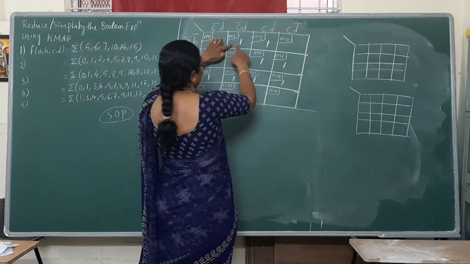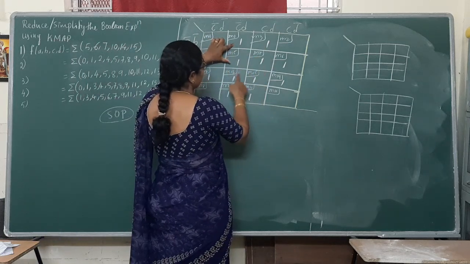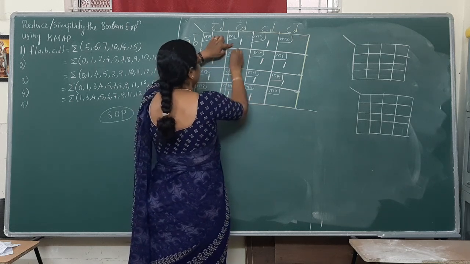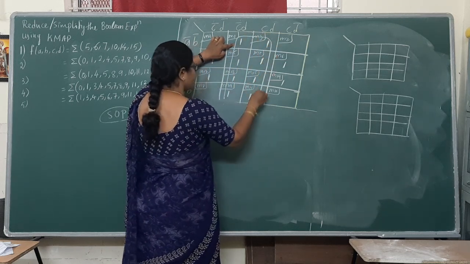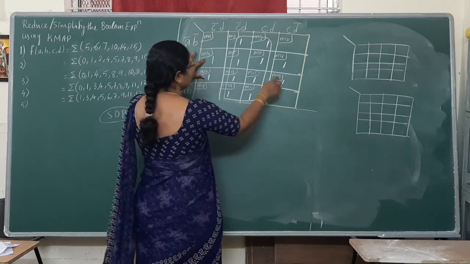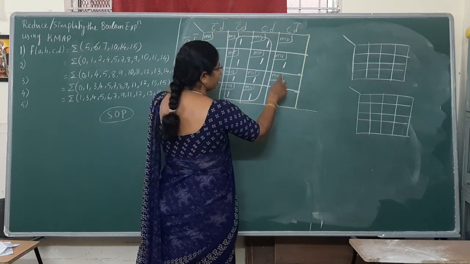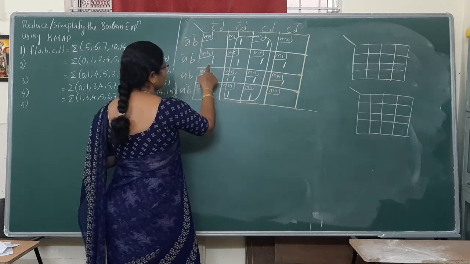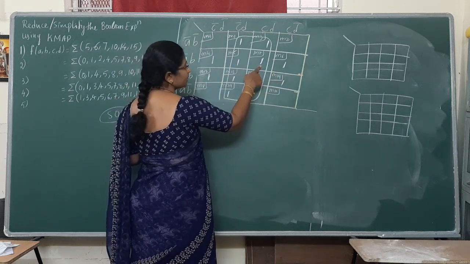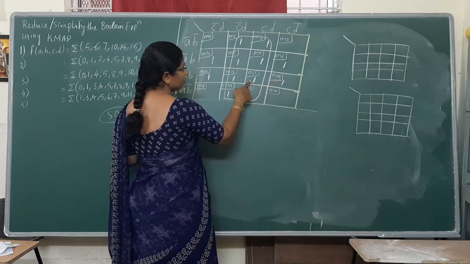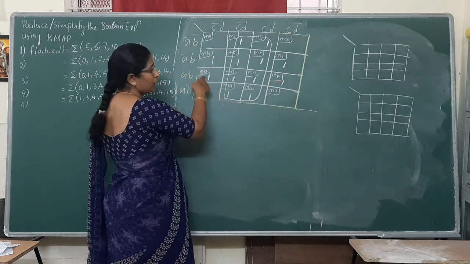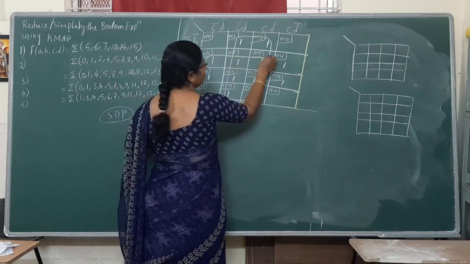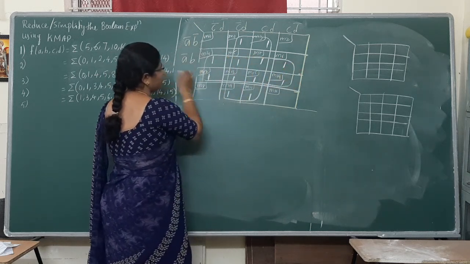See here, 1, 3, 5, 7, 13, 15, 9, 11. One quad, so one octa. Then among these two, is it a pair or an overlapping quad? No. 4, 5, 7, 6, 14, 15, 13, 12 adjacent to 4. So again you can do one more octa.